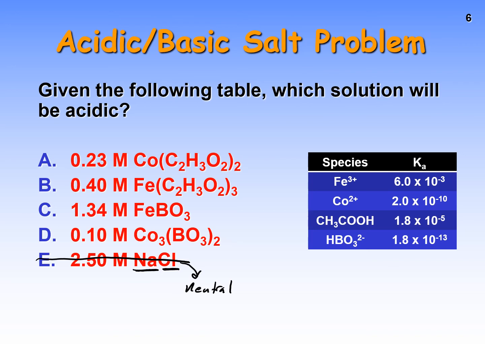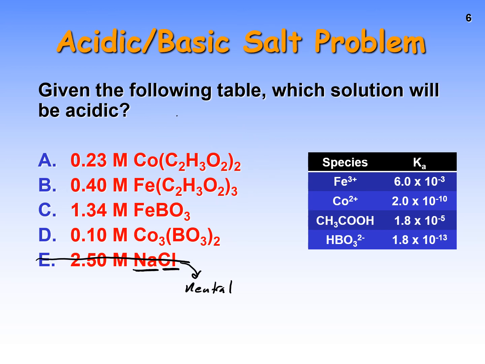The rest are harder to tell because cobalt is definitely going to be an acidic cation. This is acidic. This is basic. Same thing here. Acidic, basic, acidic, basic, and so on. So the rest of my four options here are composed of salts that contain both an acid and a base.